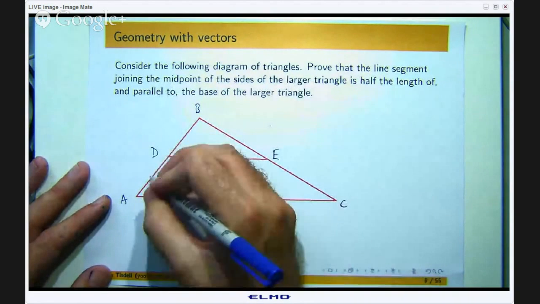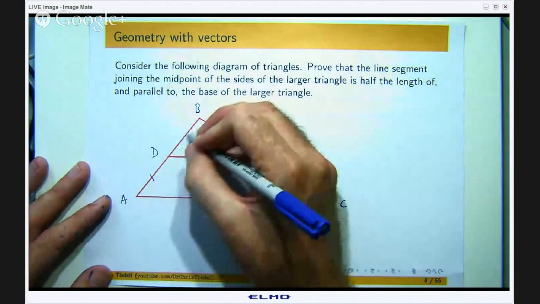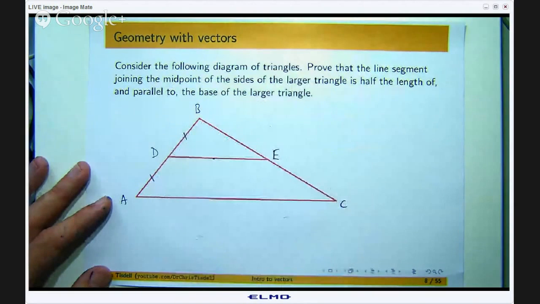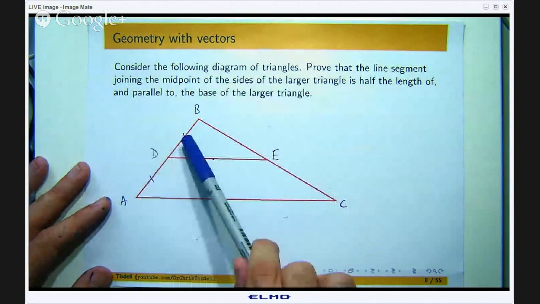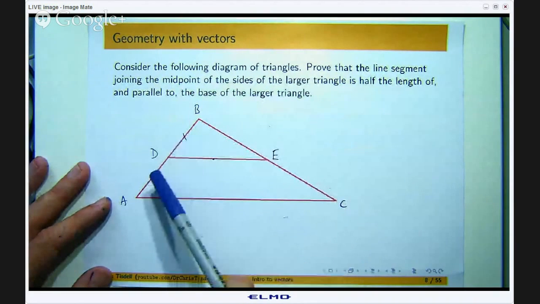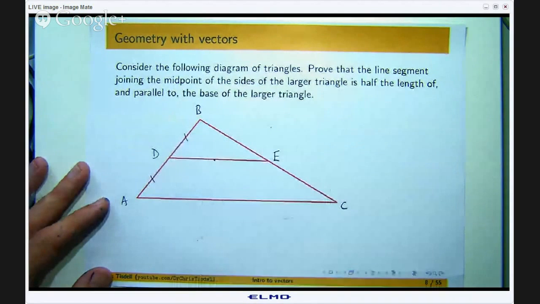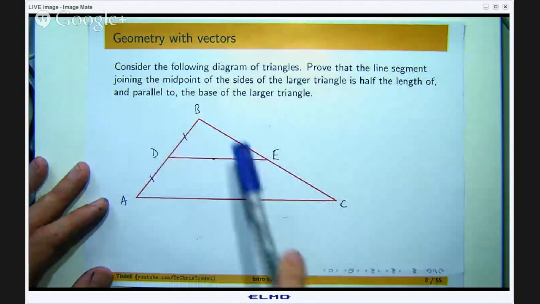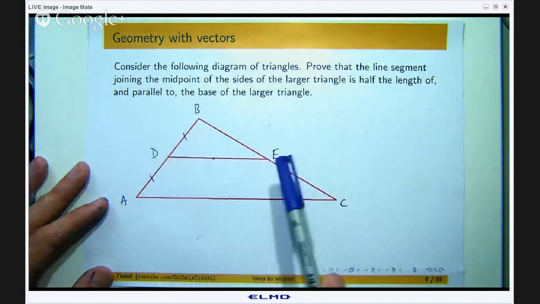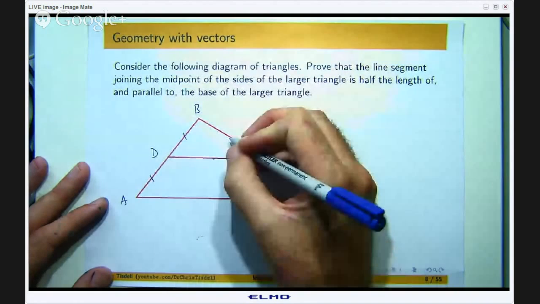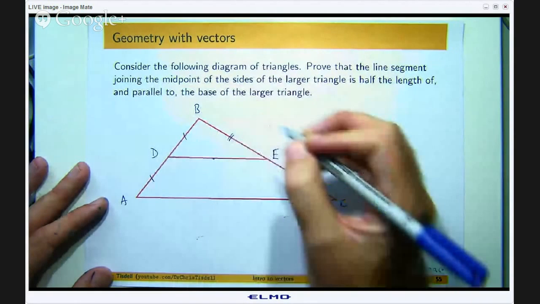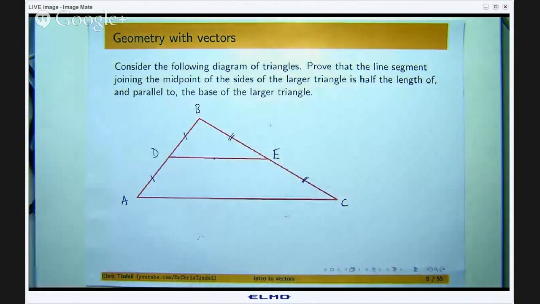So this length here and this length here must be equal, and I'm putting little marks across the line segments to indicate that they're equal. Same over here. The length of this and the length of this must also be equal, so I'm going to put 2 marks over there just to indicate that.